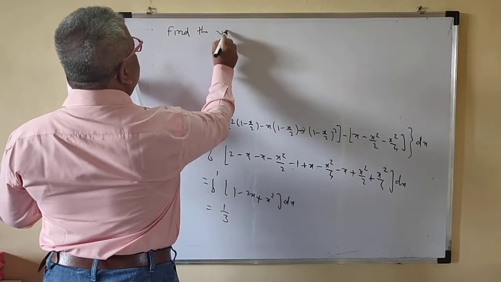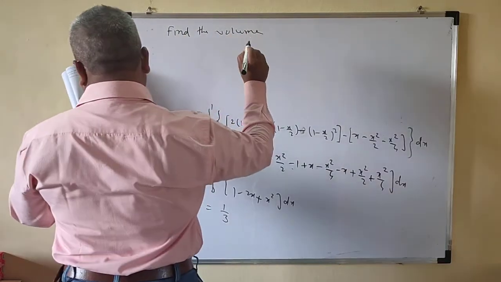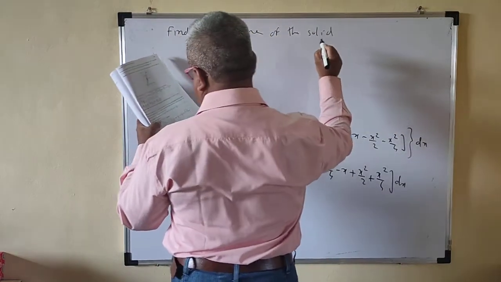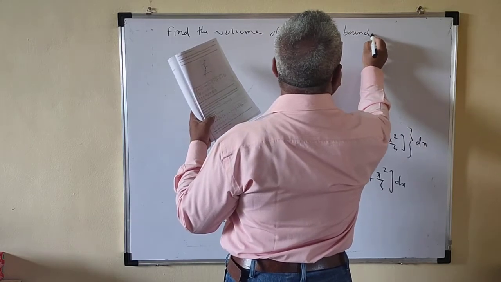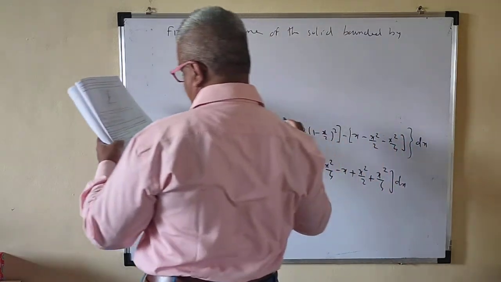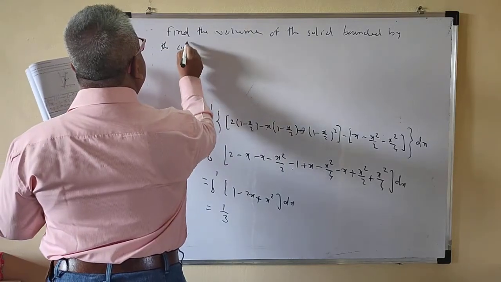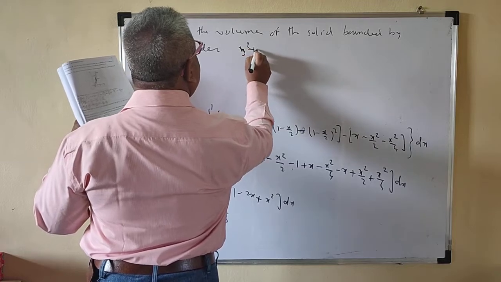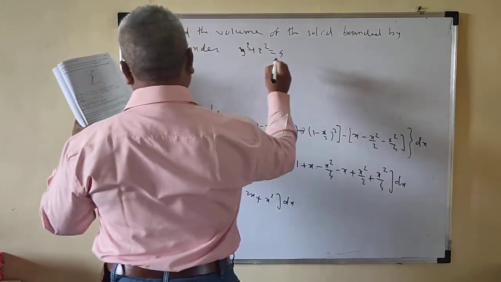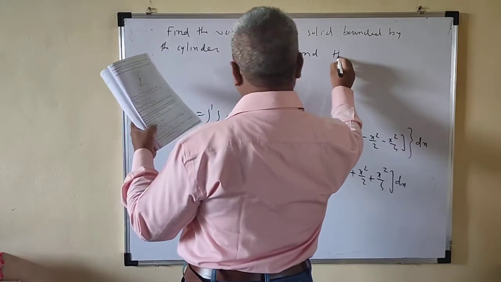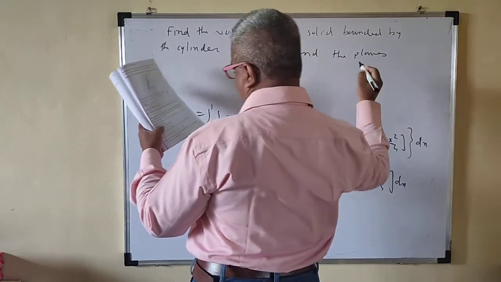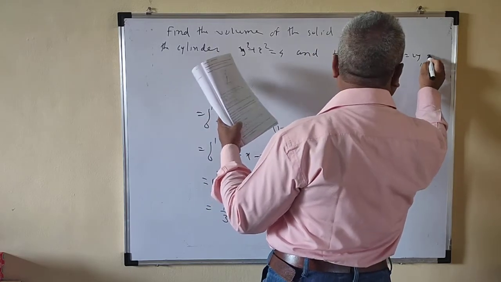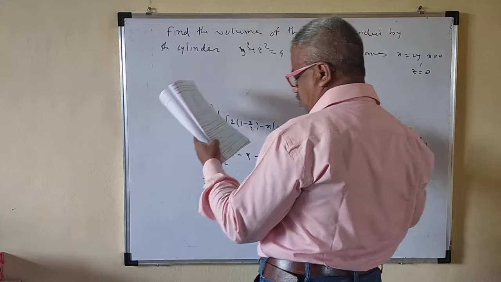Find the volume of the solid bounded by the cylinder y square plus z square is equal to 4, and the planes x is equal to twice y, x is equal to 0, z is equal to 0.